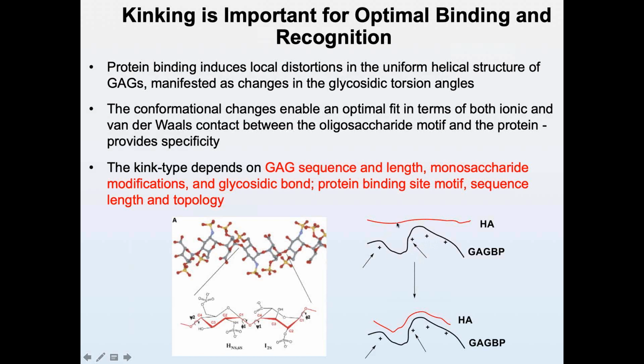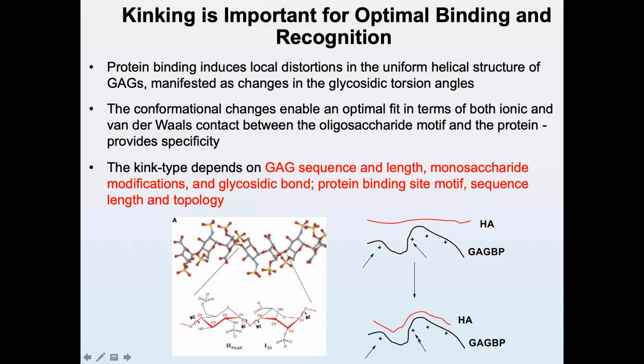There has to be a kinking in the GAG sequence. And where does the kinking occur? It occurs in the glycosidic bond. So if you take, for instance, this GAG, it comes in, there is a kinking here, which allows this to fit in nicely to the binding site. So this is the glycosidic bond, and there's a rotation at the glycosidic bond, which allows the kinking to occur and then allows this to bind optimally.